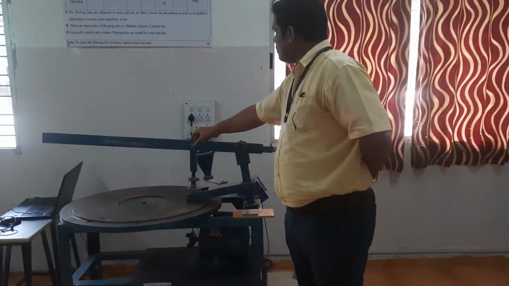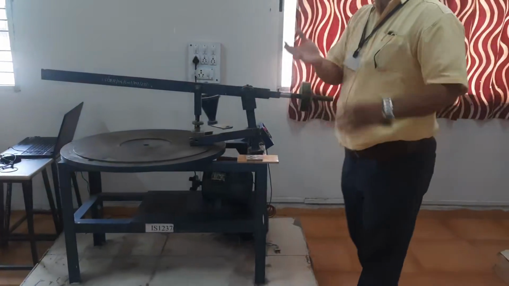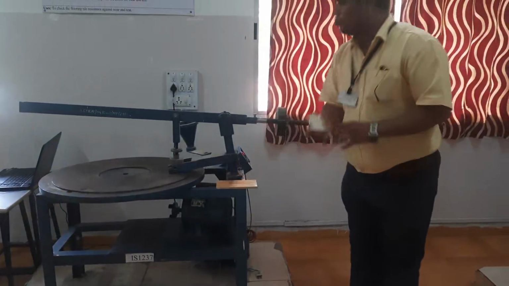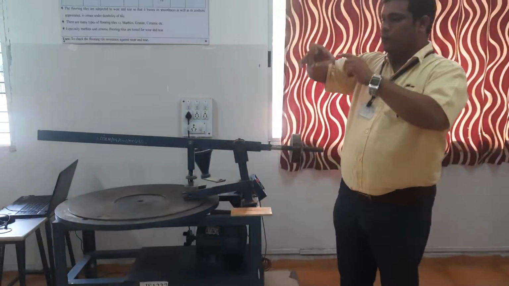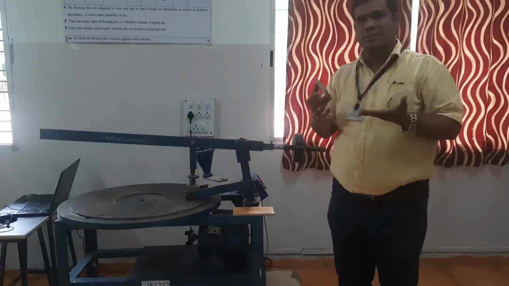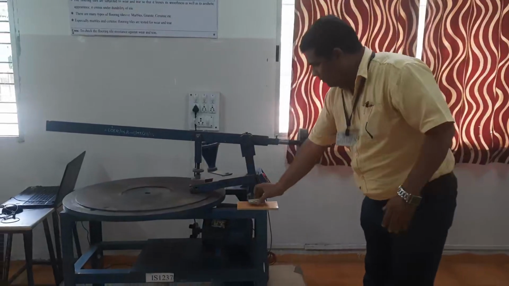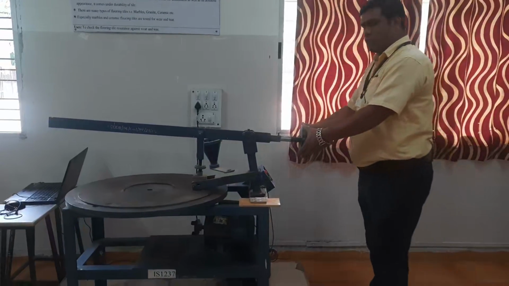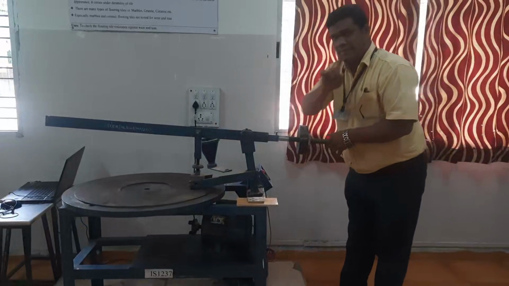The main aim of the 30 kg weight is that all corners of the surface should be in contact with the revolving disc. After that, one counterbalance is provided to the lever.